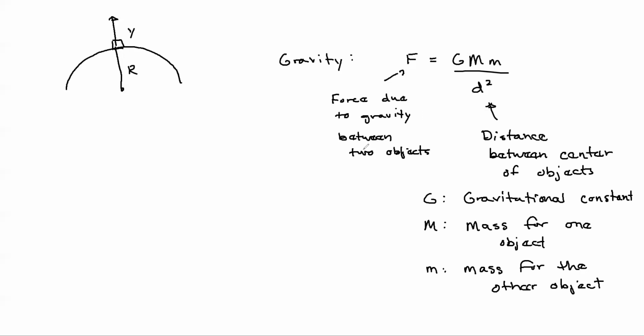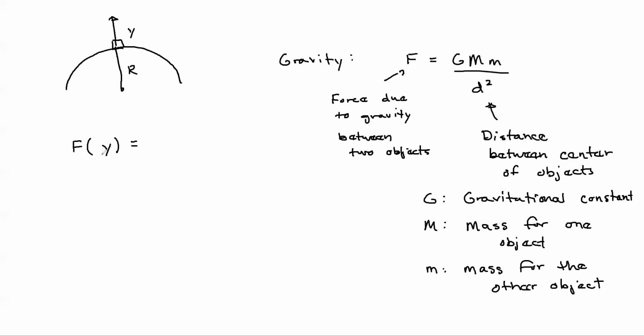So what we're going to do is come up with a formula for this. We're going to say the force due to gravity at height y, so the force due to gravity between the object which we're launching and the Earth.